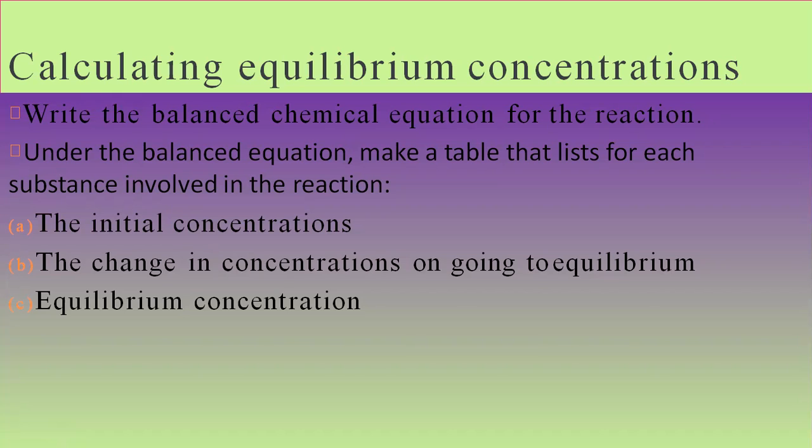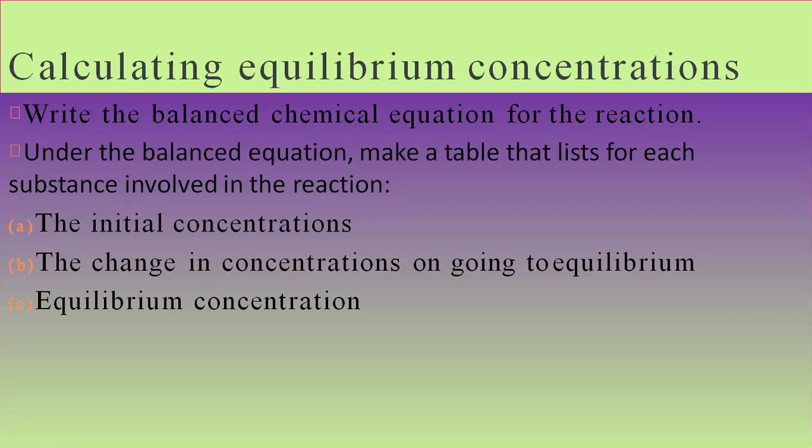Initially, when we start the reaction, the reactant concentration will be more and the product concentration will be zero, because initially we take only the reactant. The initial concentration is different in a reversible process. If we start from the backward direction, the product concentration is more and the reactant concentration will be less.